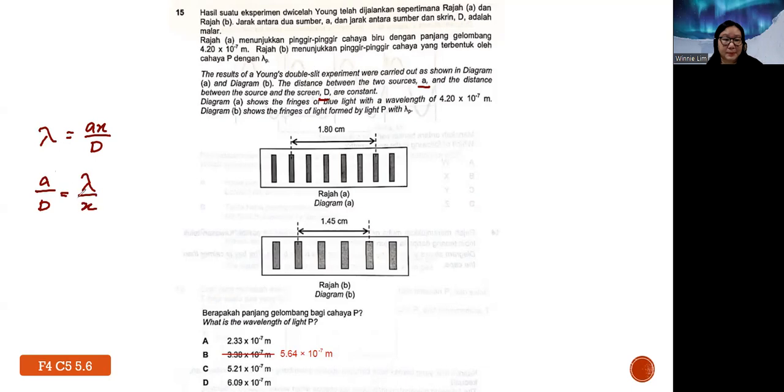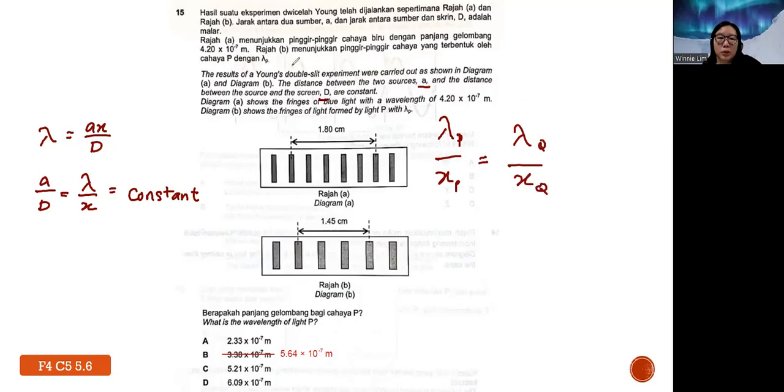Lambda over x. Then they are basically constant. So whenever you know that those relationship is constant, then we can actually apply this idea, which is what? You will have lambda, because they are using P and Q, so lambda P over xP must be equals to lambda Q over xQ. So you do given a wavelength for Q.